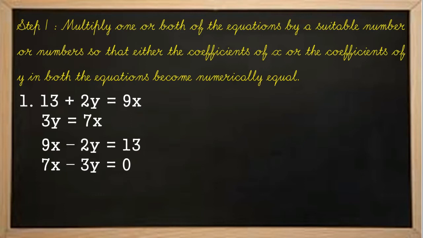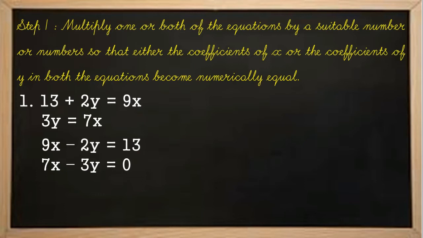We have to observe carefully the coefficients of x and y in both the equations. Coefficients of x are 9 and 7 and coefficients of y are 2 and 3. Now let us think over whether we can equate the coefficient of x or the coefficients of y.